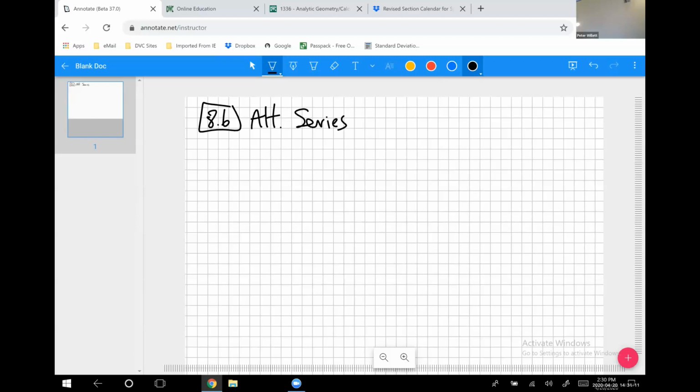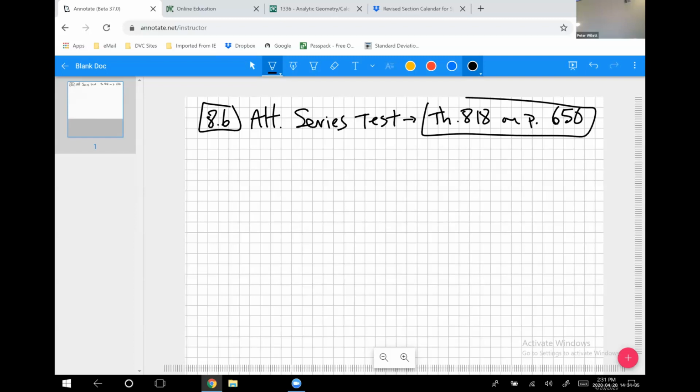And with that in mind, we have this test for an alternating series. So we have a new test, the alternating series test, which is Theorem 8.18 on page 650.